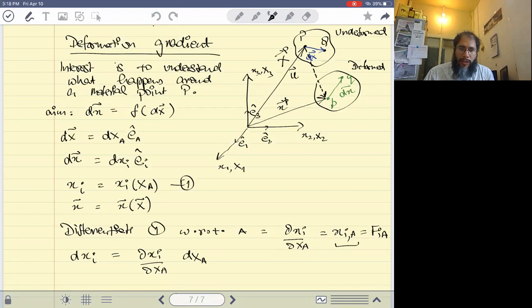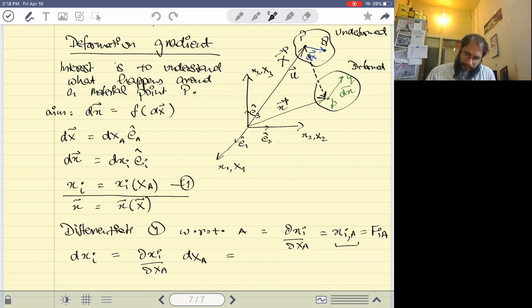Since my xi was a function of the complete vector capital XA, I can write a small change in xi as the rate of change of xi with respect to capital XA times dxa, where there's a summation implied on capital X. So this is using the chain rule here.